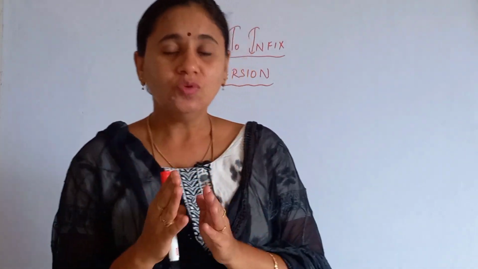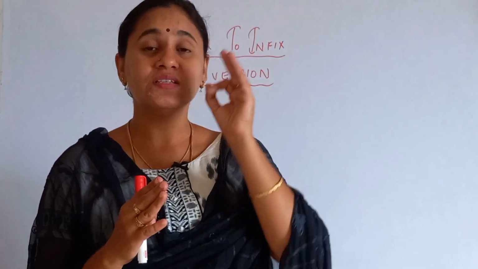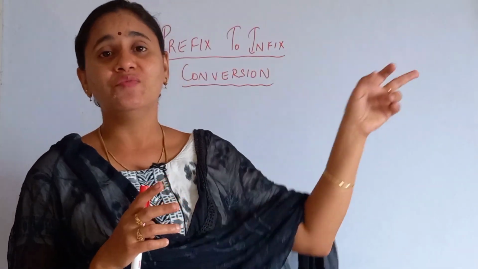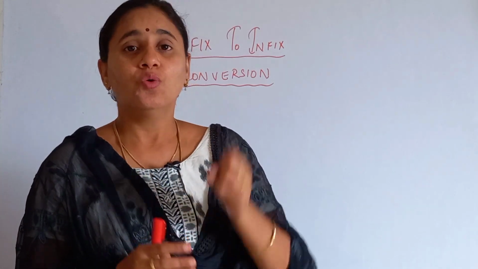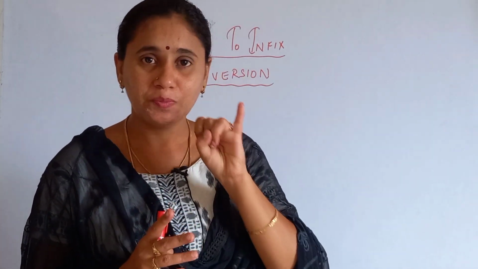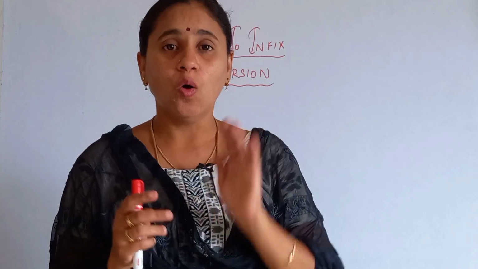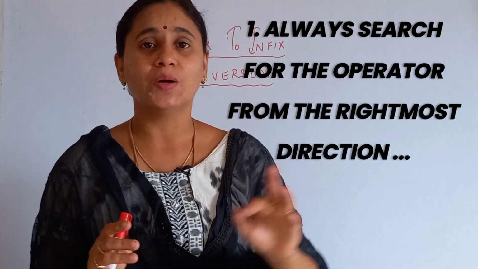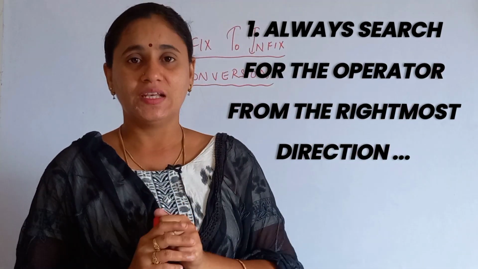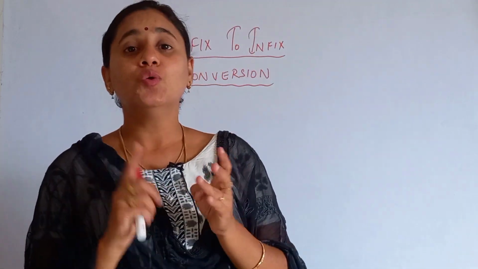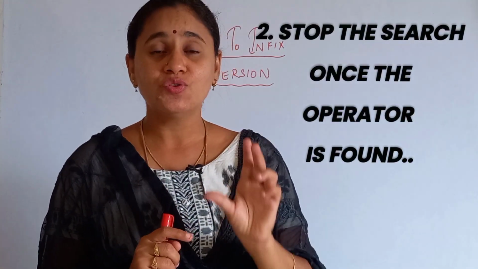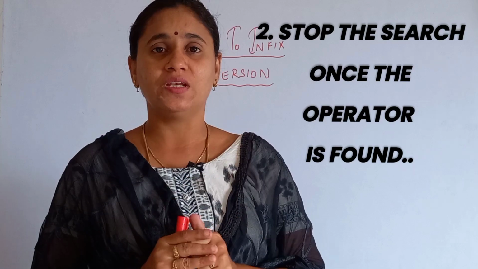Now we can see the 3 steps needed for converting from prefix to infix expression. Rule number 1, or step number 1, is always start towards right. You must start converting the expression from the right direction. Rule number 2, stop searching from right once you have found the first operator.